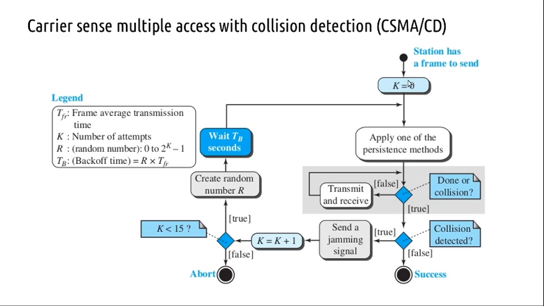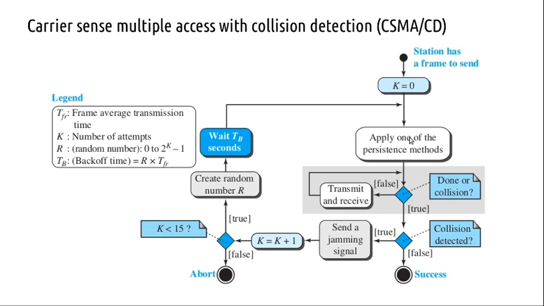What happens is that it has some data to send. It will say this is attempt 0, and you can make a maximum of 15 attempts. So you have specified a limit; you cannot indefinitely make transmission attempts.